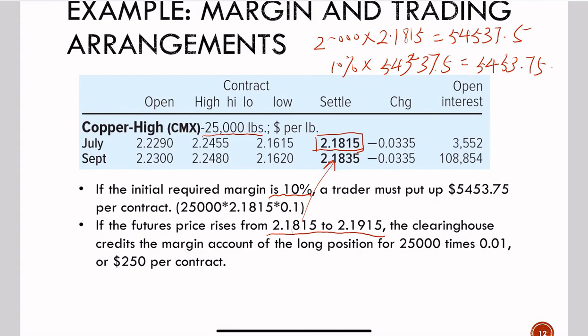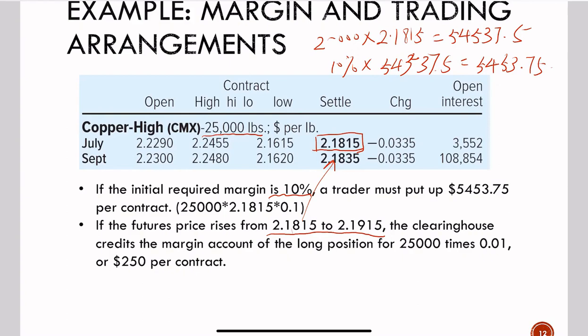Clearly, this is a very small increase, 0.01 per pound. In this case, if you're taking a long position, you will get this 1 day profit, and it will be added to your account.